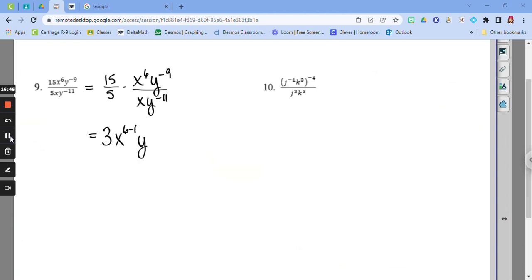Y to the negative 9 minus a negative 11. So I'm ignoring the fact that they're negative. I'm just working with the rule with the numbers I have.